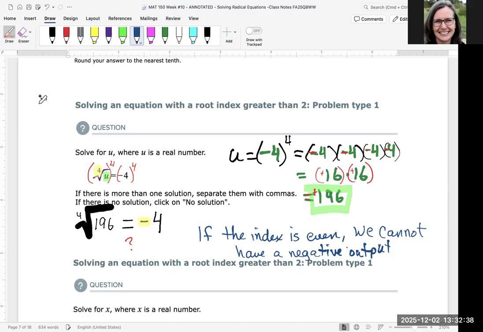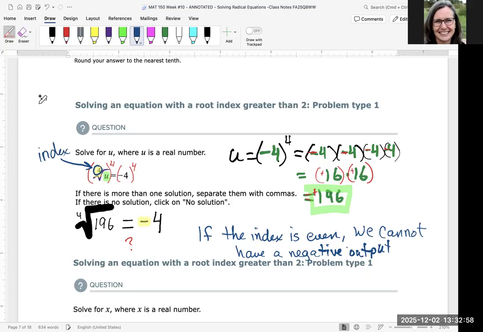If you grab your calculator, well, anyway, it's not going to work that way. All right, again, the index is this one. That one right there is the index.